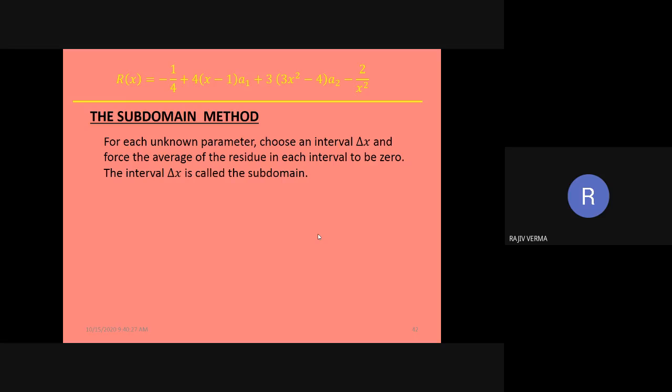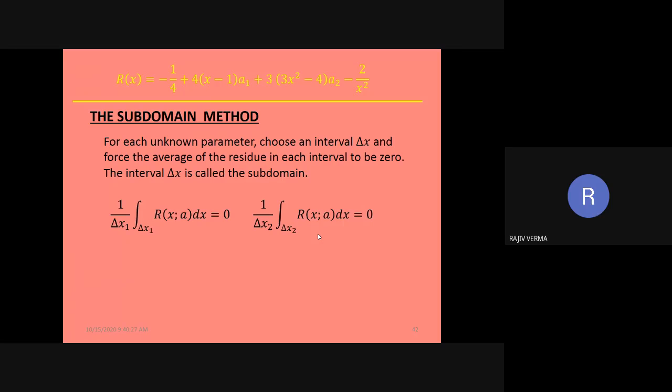So that is going to give you the average value of residual, and this is supposed to be equated to 0. So we are going to have 2 subdomains because we have 2 unknowns, and this is going to give us 2 linear simultaneous equations for which the solution can be achieved.